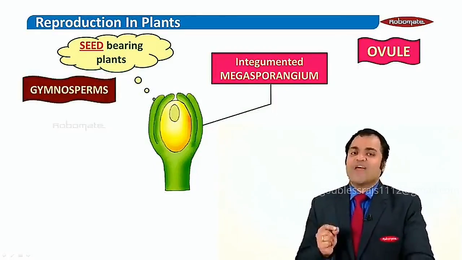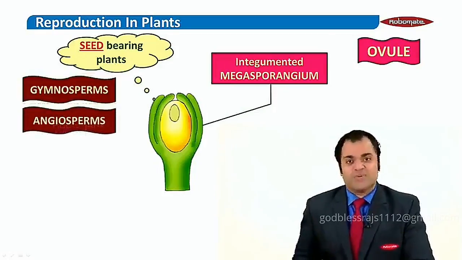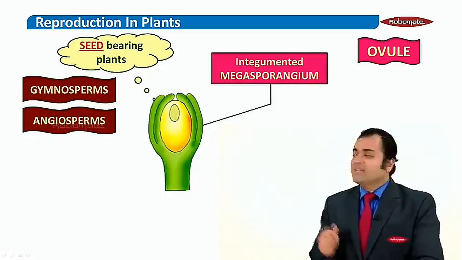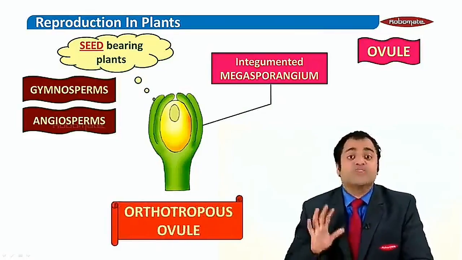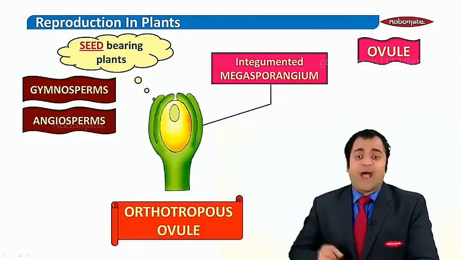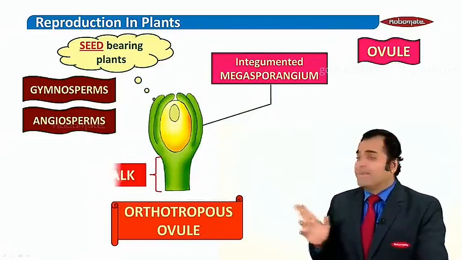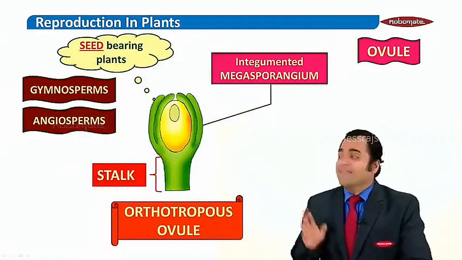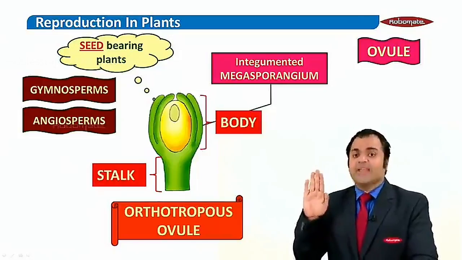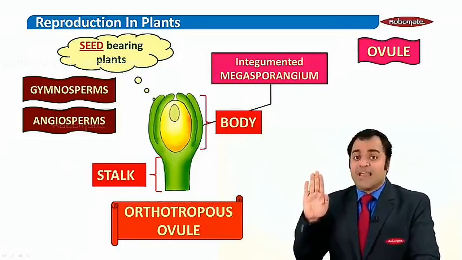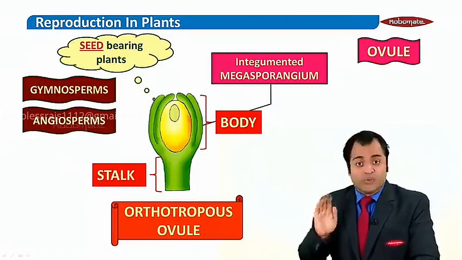You'll also find ovules in angiosperms. Now this kind of ovule which you see in the picture here is also called an orthotropous ovule. And why is that? Because if you look at the base which is called the stalk and the main bulk which is called the body, it is upright. And that is why this ovule is called an orthotropous ovule.